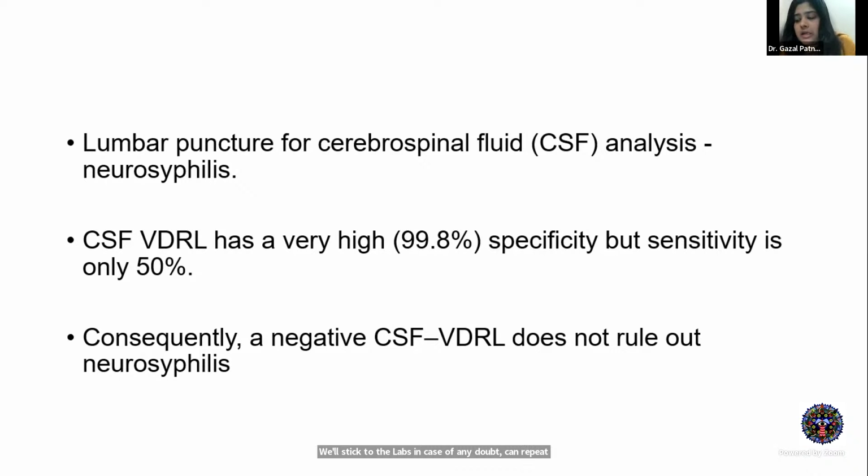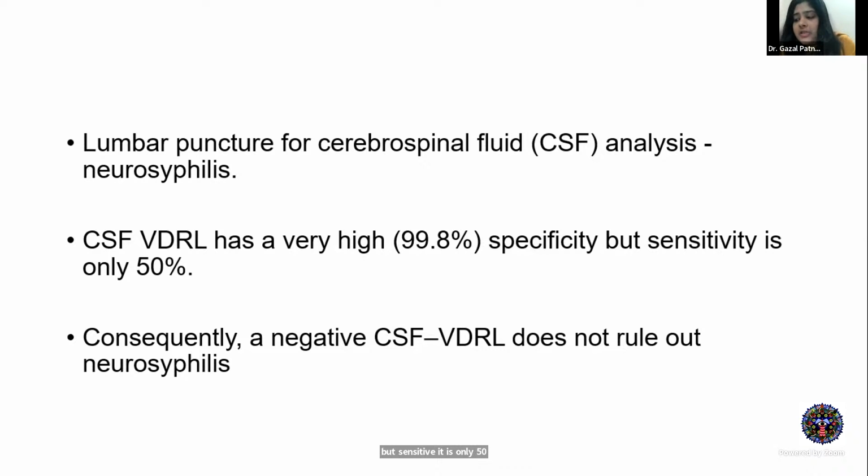The CDC has recommended a lumbar puncture for CSF analysis in all patients of ocular syphilis to detect neurosyphilis. The diagnosis is based upon a positive VDRL, elevated total protein, and CSF pleocytosis. The CSF VDRL has a very high specificity, but sensitivity is only 50%.